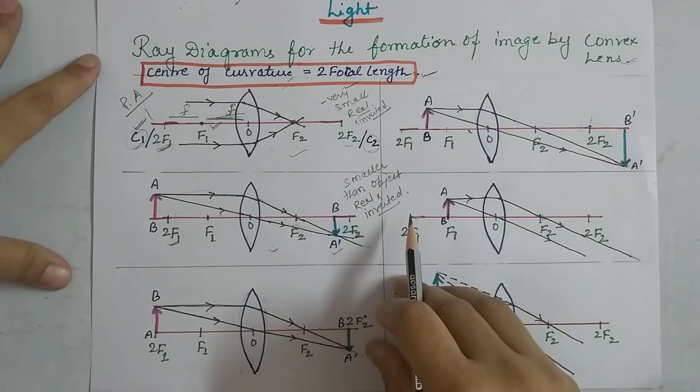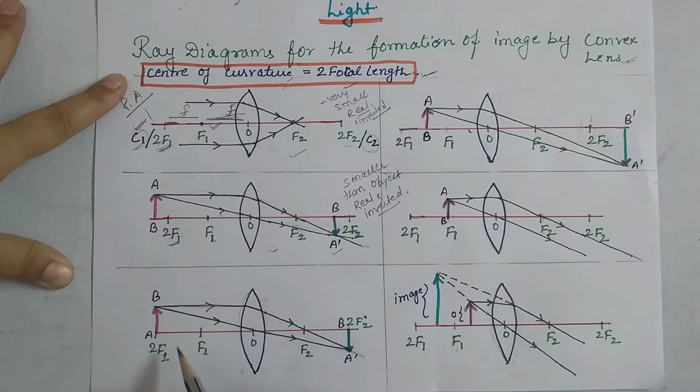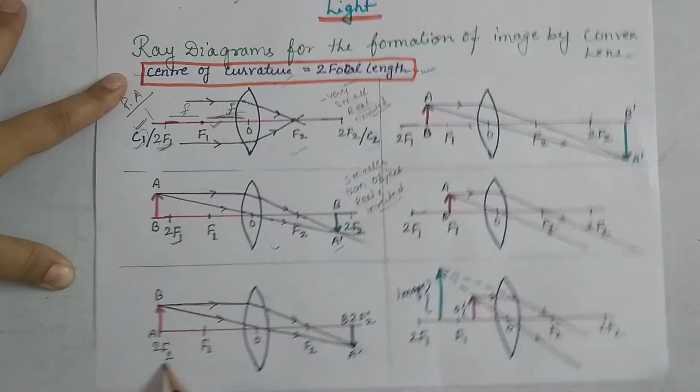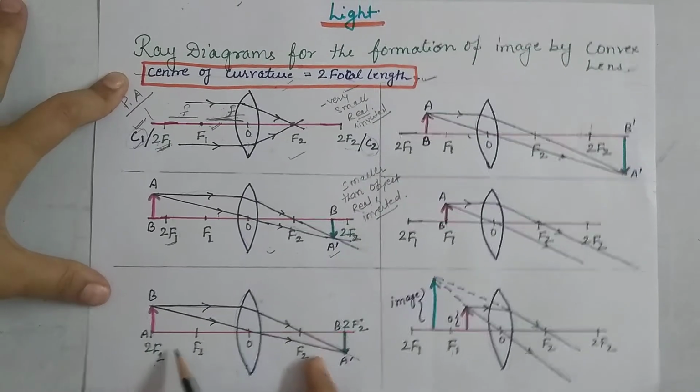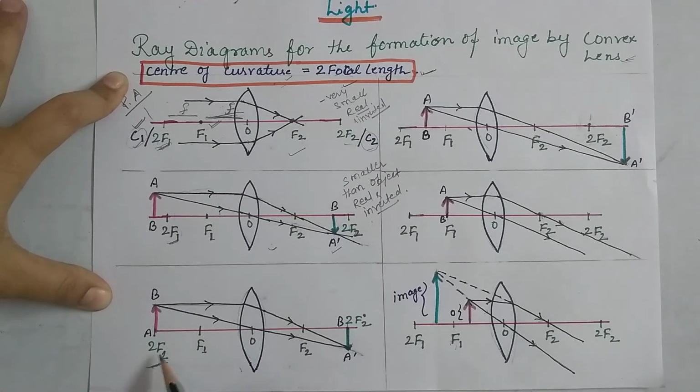Now the next image. Here the object is placed at 2f1. The same rule applies: the incident ray parallel to the principal axis must pass through the focus, and when it passes through the optical center it will not bend.